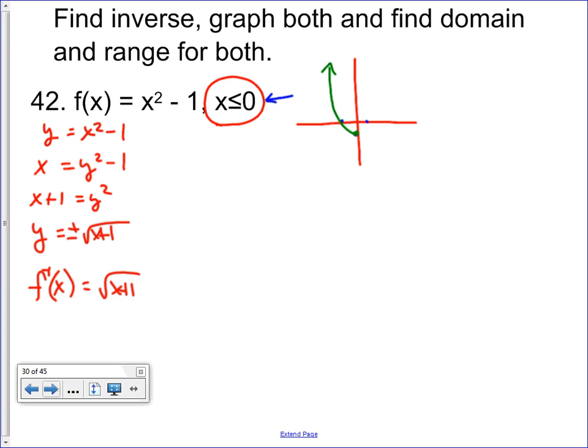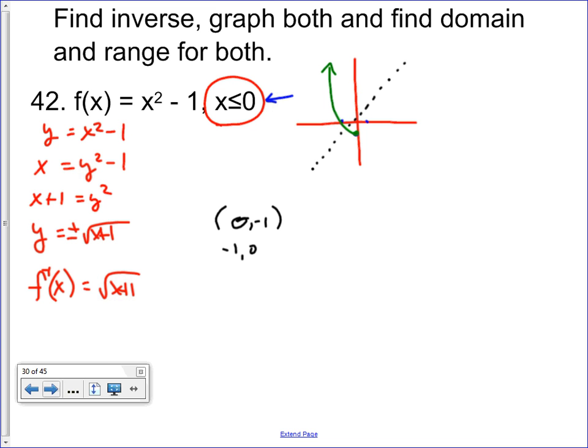Now, how do I graph the inverse of a function? Well, remember, here's our line y equals x, and I'm going to flip it over that line. So the vertex of that parabola is at 0, negative 1, then the inverse is going to be negative 1, 0.